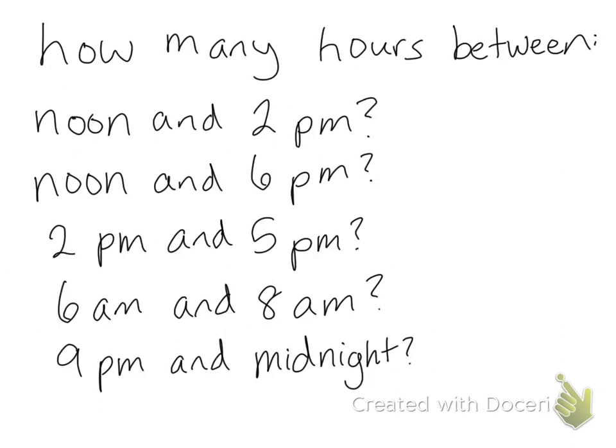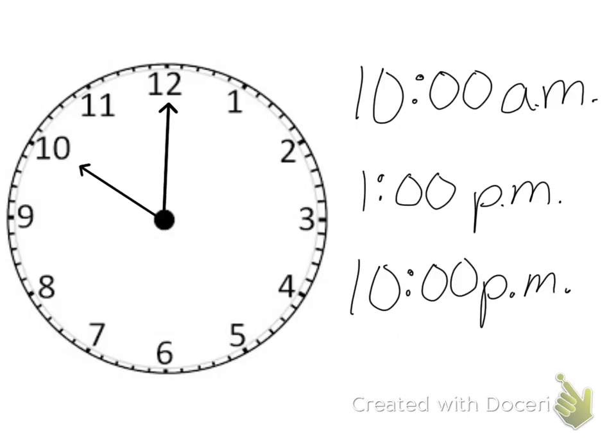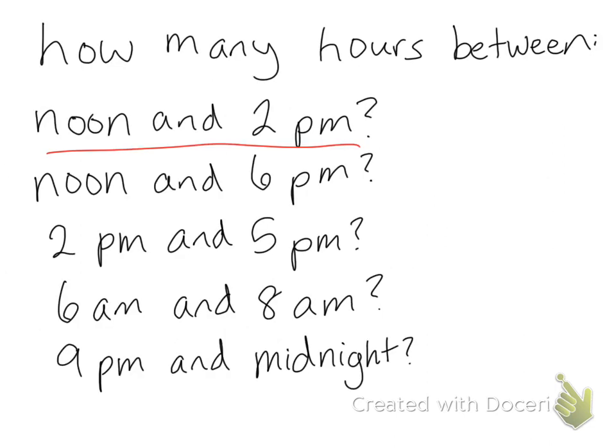All right. Now, how many hours are there between noon and 2 p.m.? So if we look at our clock, between noon, which is when the minute hand stands up here, and 2 o'clock, there's 2 hours.